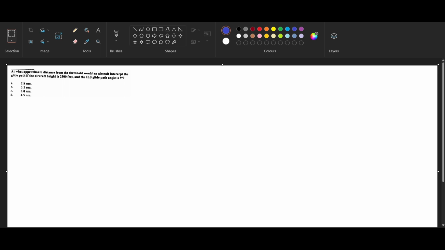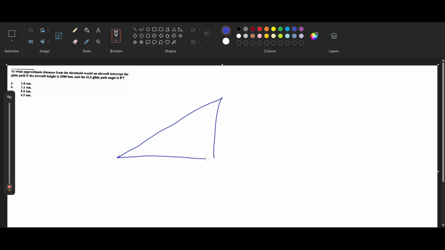Next question we have is: at what approximate distance from threshold would an aircraft intercept the glide path if the aircraft height is 2500 feet and the glide slope path angle is 3 degrees? First things first, we'll draw the diagram. The angle is 3 degrees as per the question.